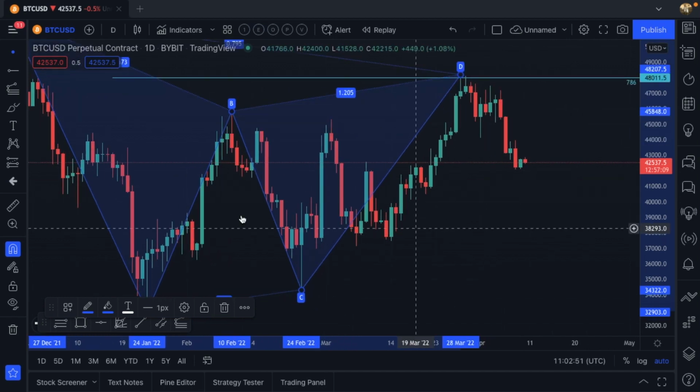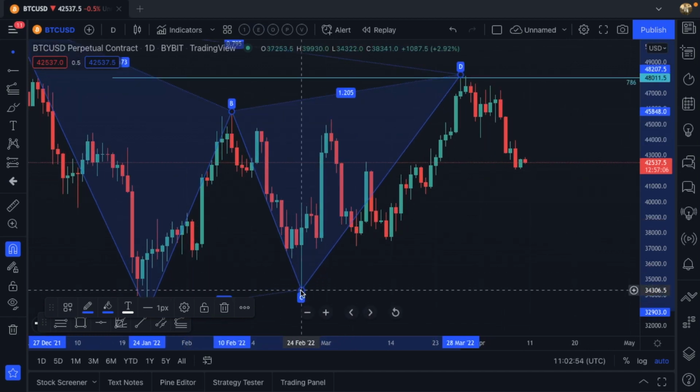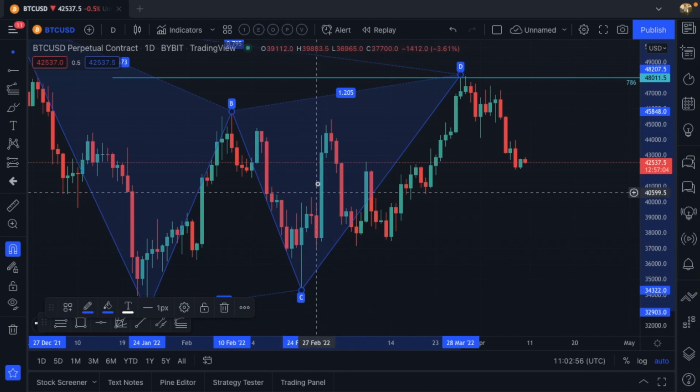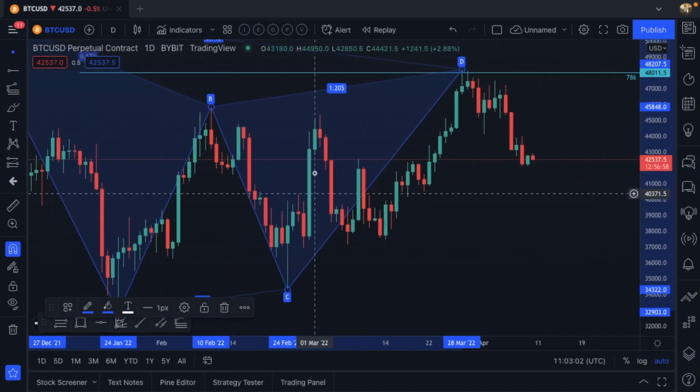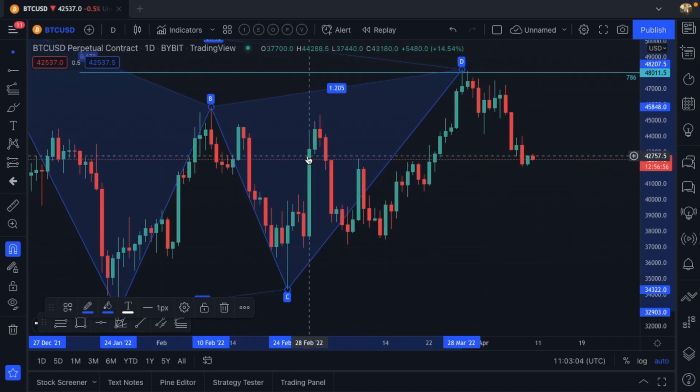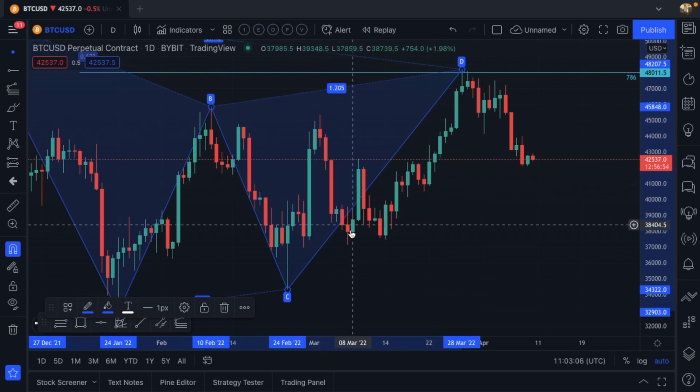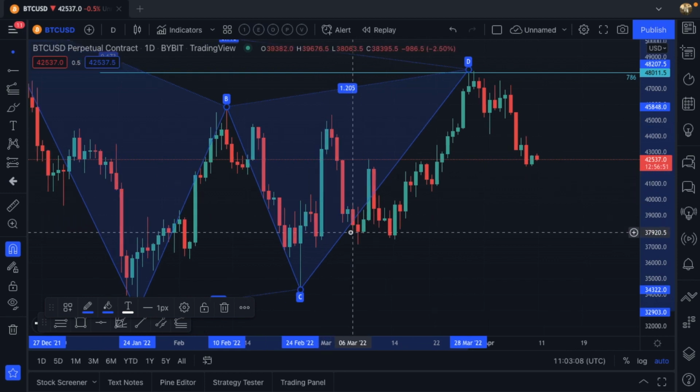And what we're going to see here, after the C point, we had this pretty intense move back up. Huge daily candle, this was just an insane day. And then we get the sharp retrace. What goes up must come down.